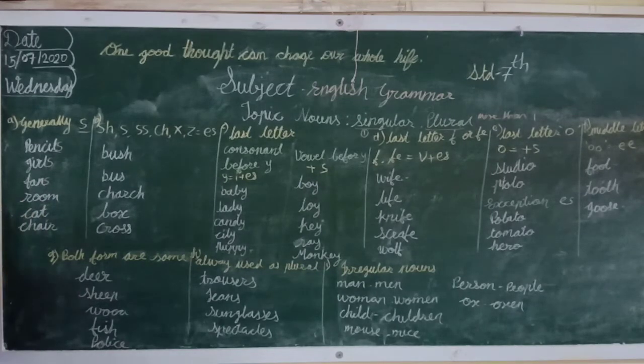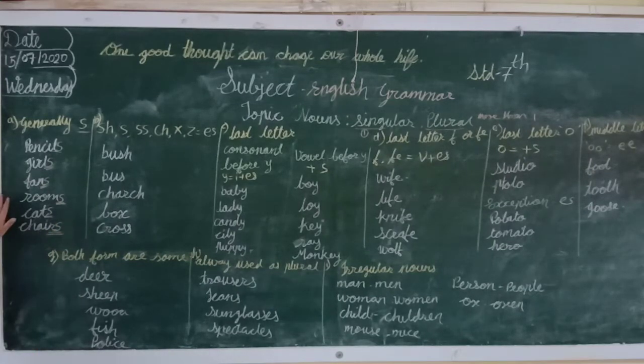Room means one room, and if you want to make a plural, the plural form is rooms. Cat, one cat, and for plural just join s. Cats means many. Chair means one chair, and what is the plural form of chair? Chairs. Just use s.